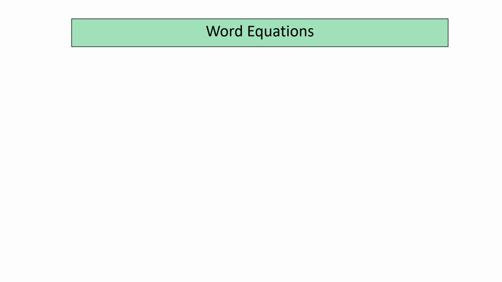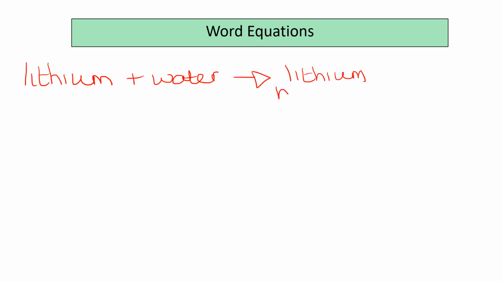When lithium reacts with water, we can represent this as a word equation. So we can write lithium plus water gives lithium hydroxide plus hydrogen.